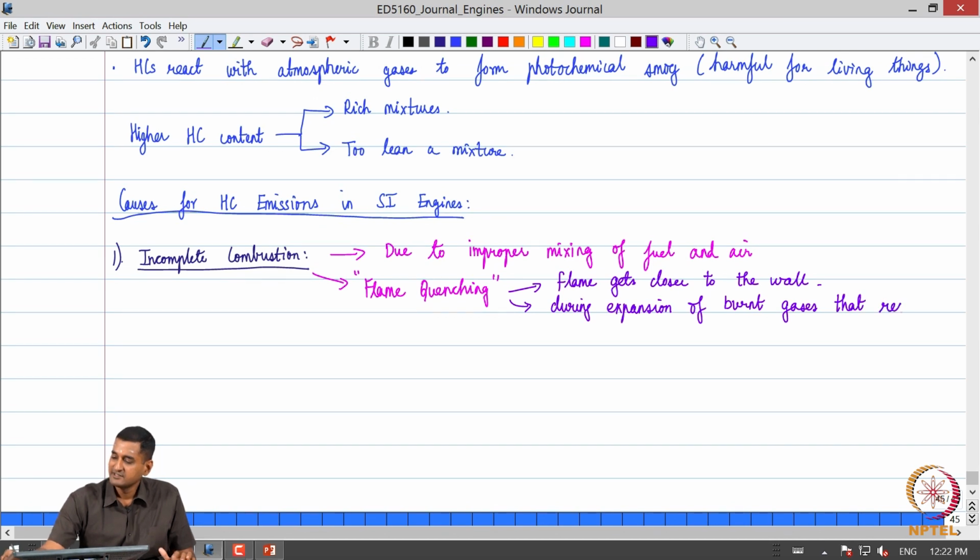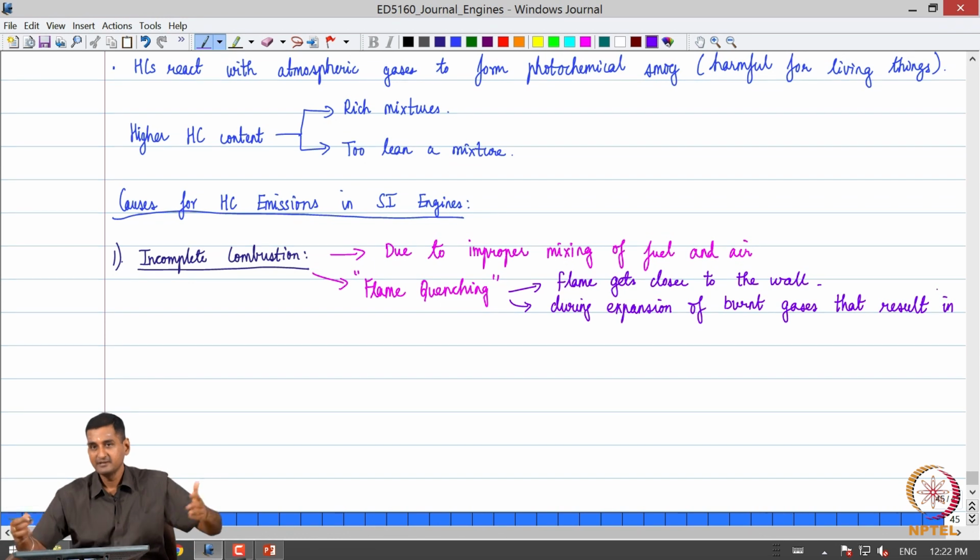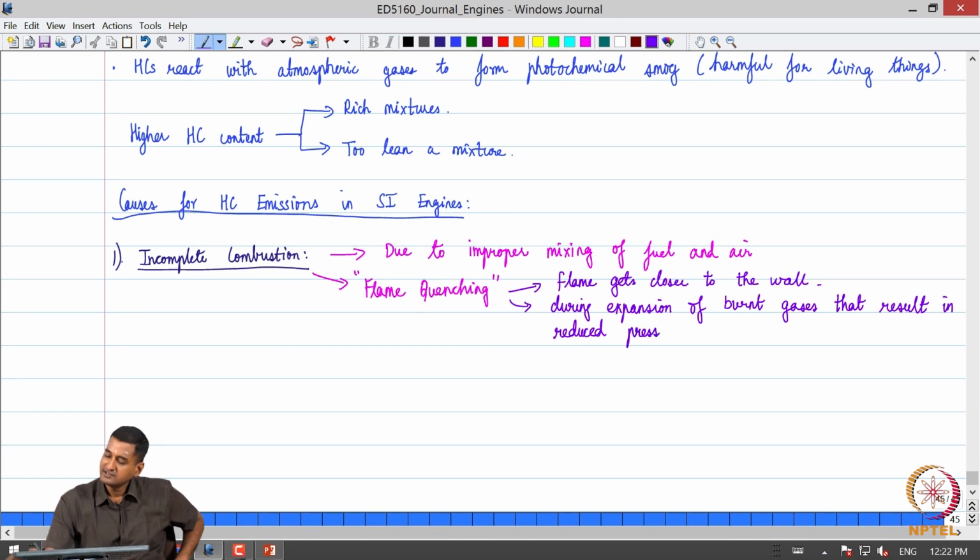So when the combusted gases expand, the pressure and temperature are going to decrease in the combustion chamber, and due to that a flame may get quenched.